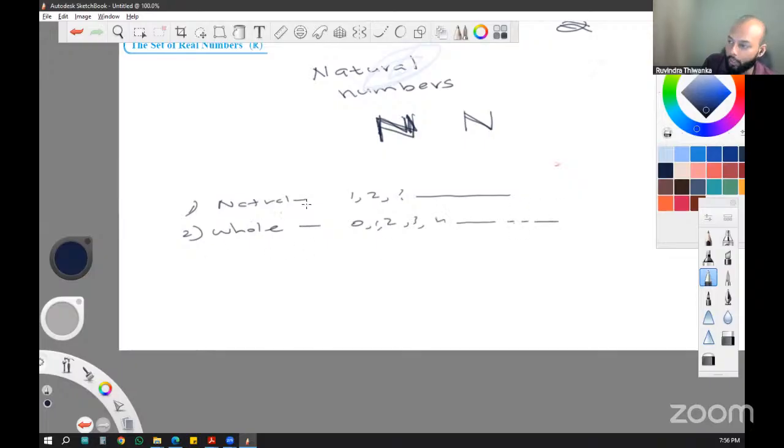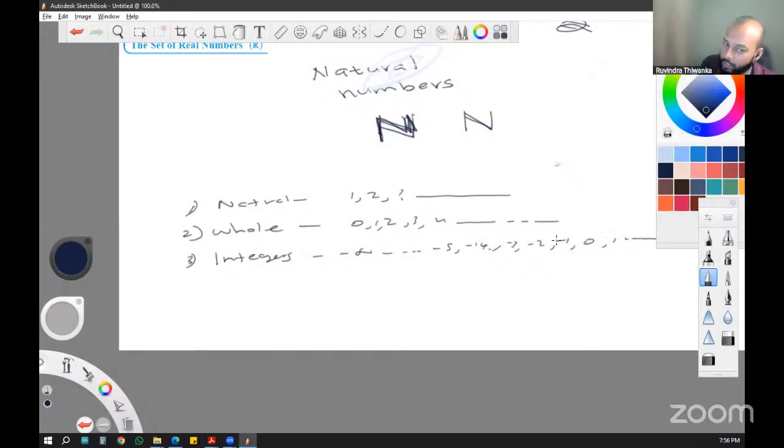If you add these together, we can say integers. It goes from minus infinity, comes back through -5, -4, -3, -2, -1, 0, 1, 2, 3, and goes to plus infinity.